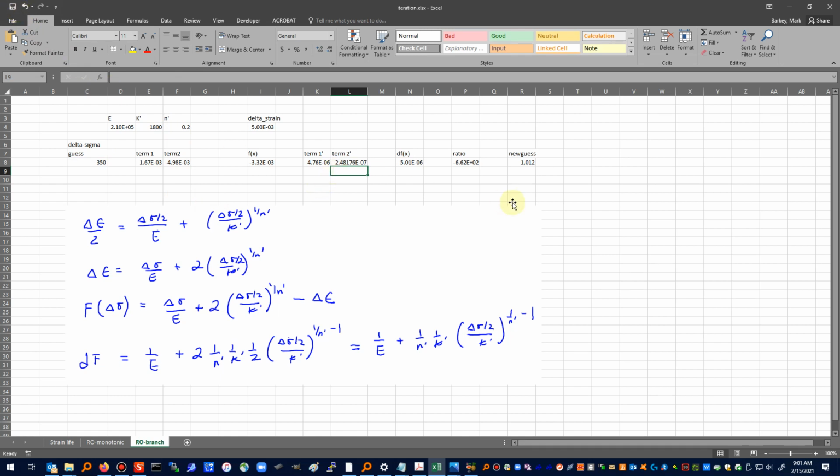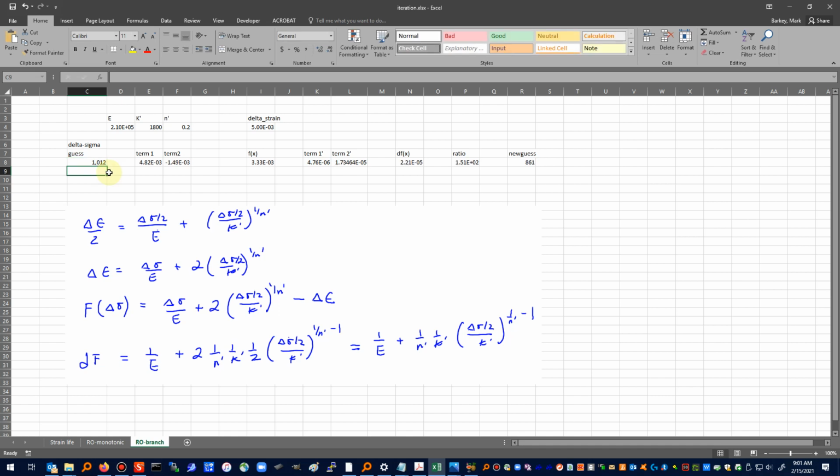I'm going to save that spreadsheet. Okay, so the new guess is 1012. So I'm going to try 1012.